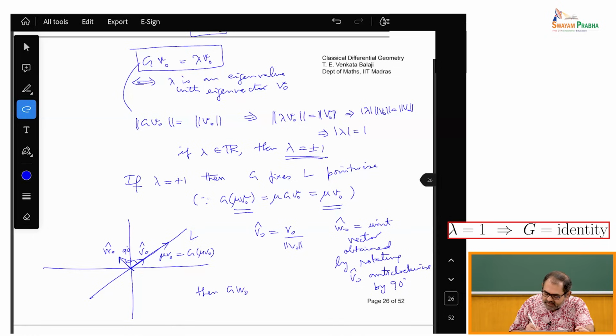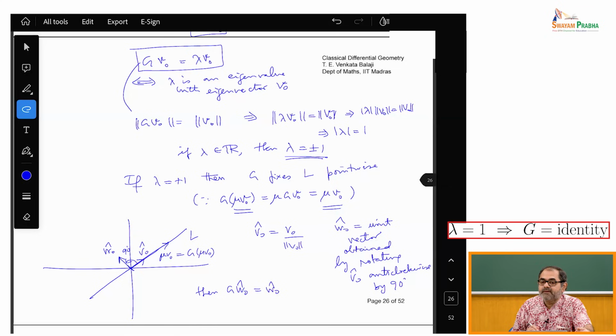Then G of W naught cap: notice that since G is an isometry, G W naught cap will also be a unit vector, and since G is oriented, G W naught cap should be gotten from G V naught cap by rotating by 90 degrees. But G V naught cap is just V naught cap, so G W naught cap is simply W naught cap.